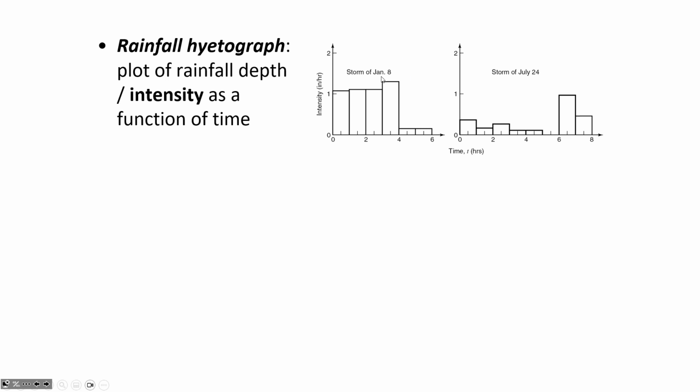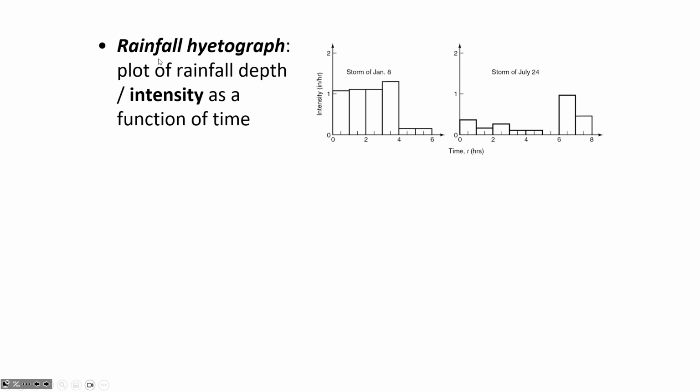So during January 8th, the first hour of the storm, the rainfall intensity was about 1 inch an hour. Then it looks like it increased very slightly for the next hour, stayed constant through the third hour. The fourth hour was a little bit higher, then it dropped. So this is just averaging together in 1 hour intervals what was the intensity of the storm during that period.